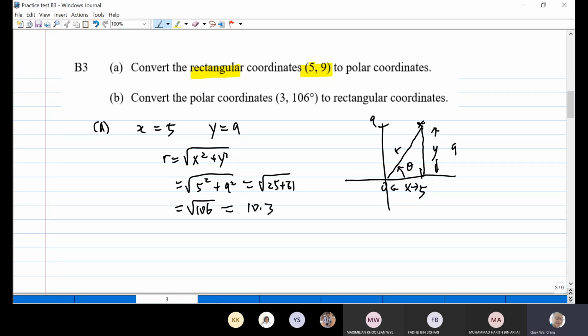So the distance from the origin is 10.3. R is 10.3.